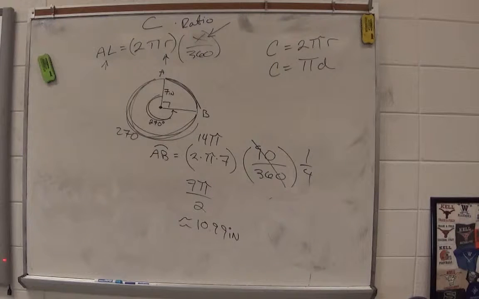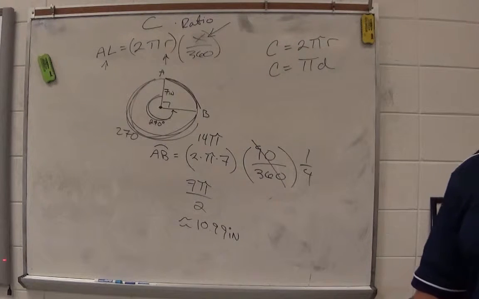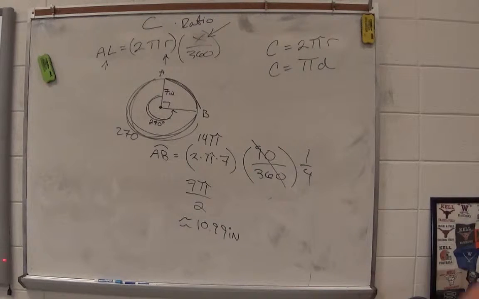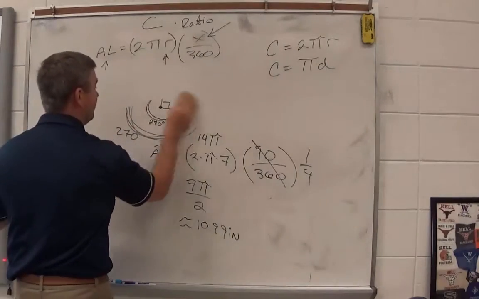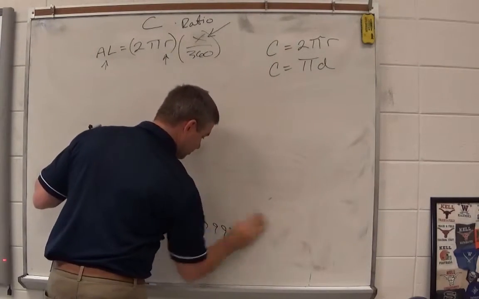Okay? Now, why was that a little tricky? Because I gave you something and you had to figure it out. You want another one like that, or are you ready to move on? Raise your hand if you want another one like this. I'll give you one more, real quick.